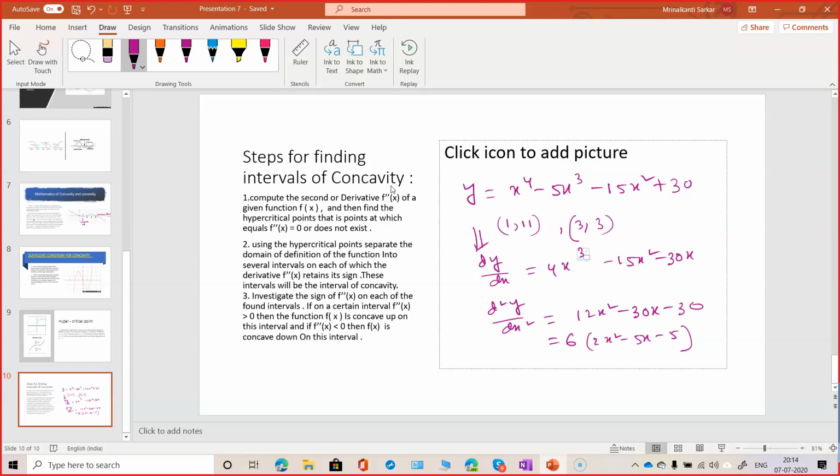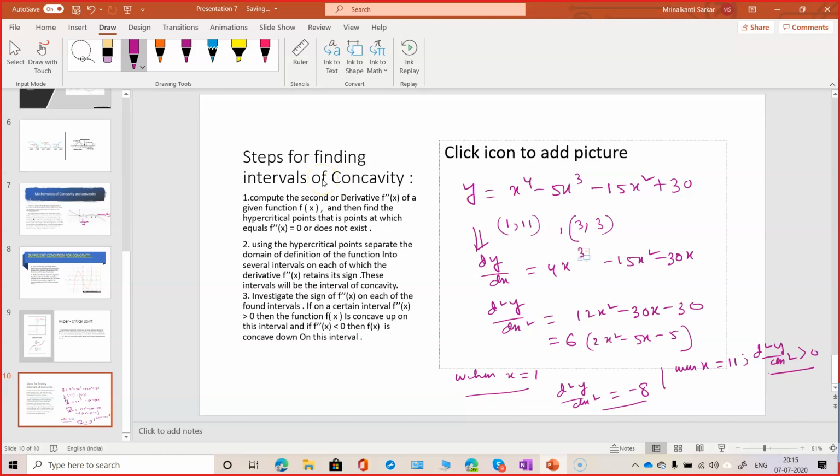So, at x equal to 1, d square y by dx square is minus 8, and when x equal to 11, all of you can see that it is greater than 0. So in the interval the nature changed. You cannot say that it is concave up or concave down.